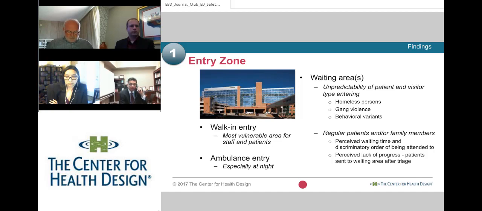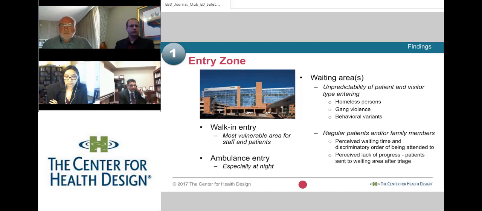That was one unpredictable thing that people were worried about, and it affects safety and efficiency. You had behavioral health patients that were problematic around the walk-in entry, and even just accompanying family members of regular patients. Each one of these could spark a security situation.